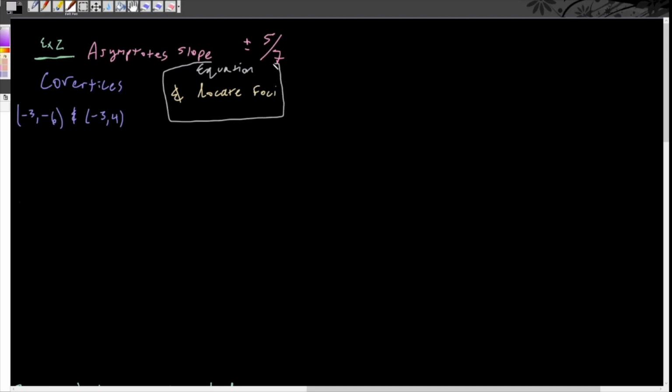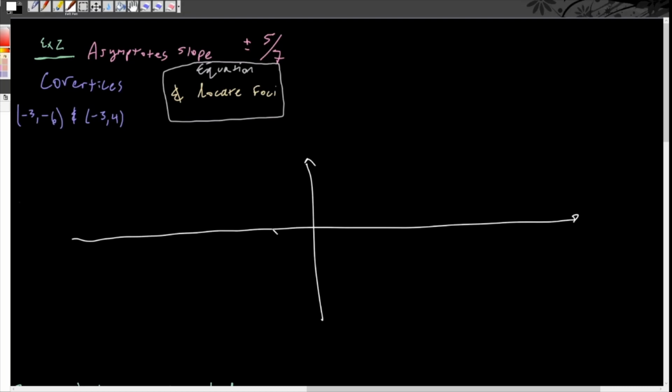And this is a class example, so I'll walk you through this. So let's draw a sketch of what we have. (-3, -6) and (-3, 4) are the covertices.